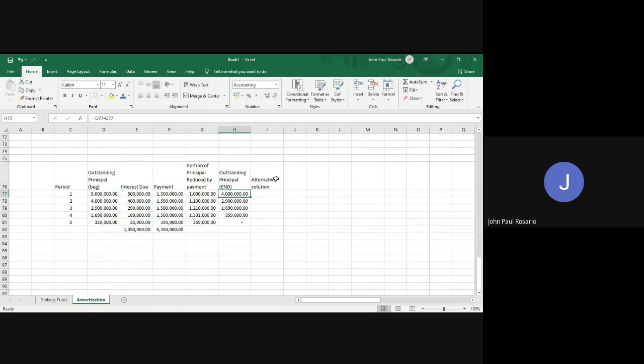Because like, diba, the outstanding principal is like this one minus this one. So we can just simply do this, no? Ang outstanding principal, you add the interest due and you deduct the payment that should be equal to the outstanding principal end. Okay, so that's just an alternative solution. If you forget the table, you can just have 4 columns. Okay? Anyhow, let's continue.